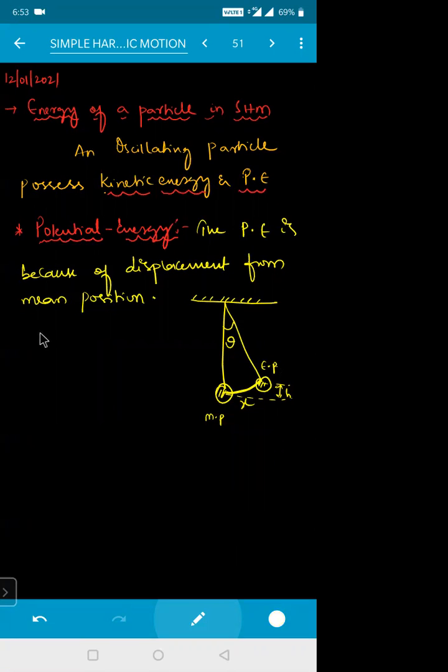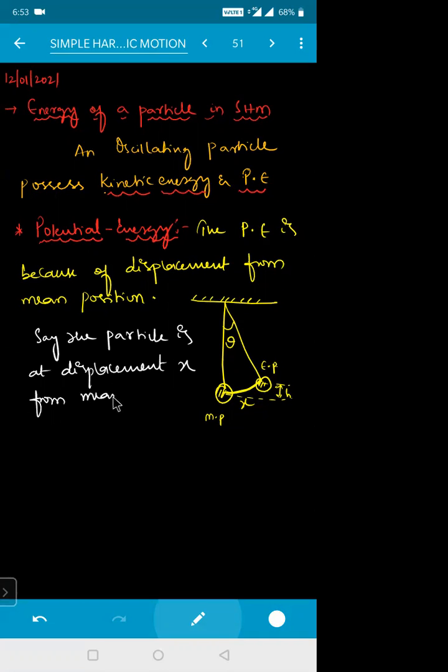So I can say that the particle is at a displacement x from mean position.